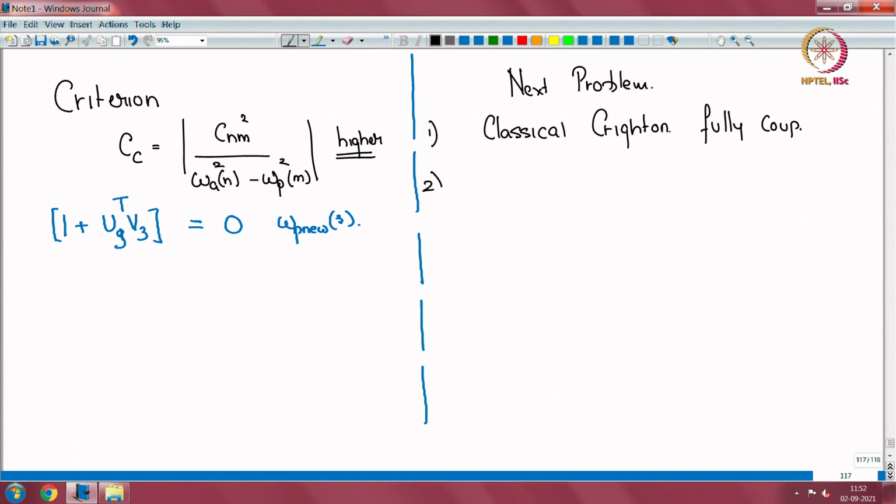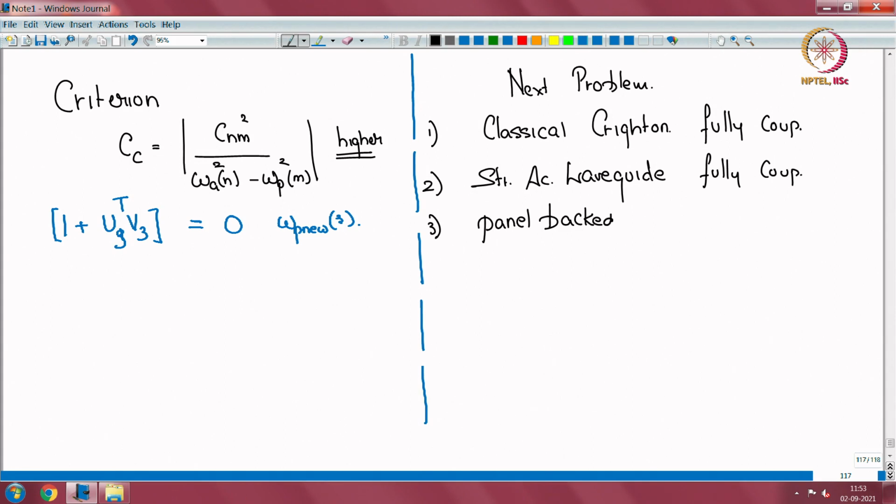Then the second was the structural acoustic waveguide. Again we looked at the fully coupled dynamics. Then the third problem was this panel backed by a cavity. Here also we looked at the fully coupled dynamics.